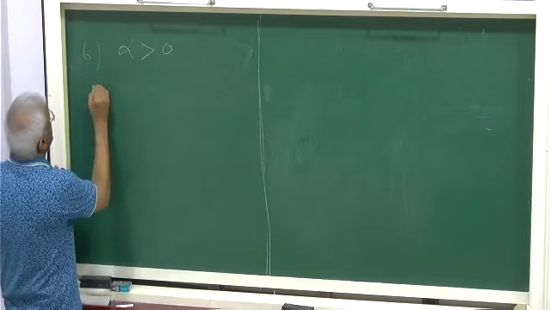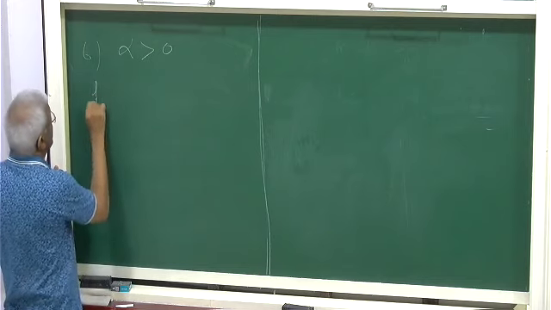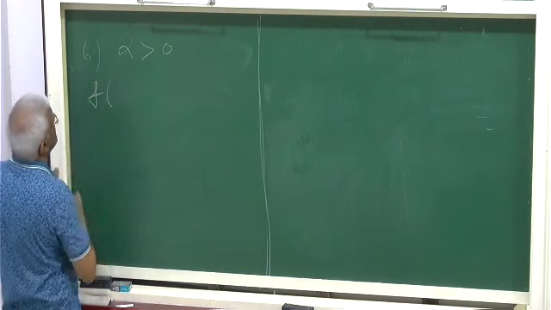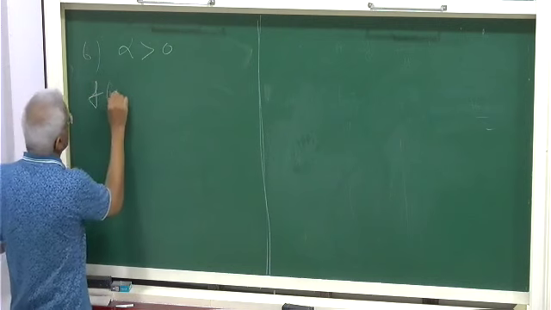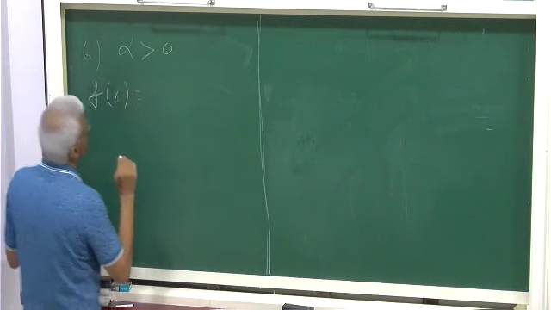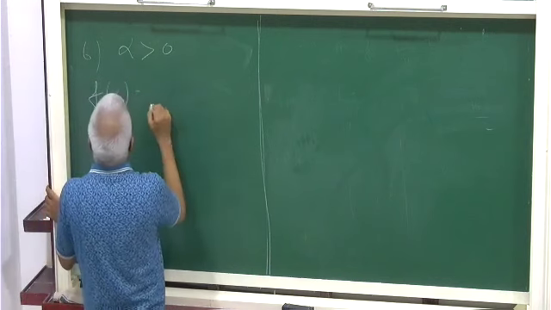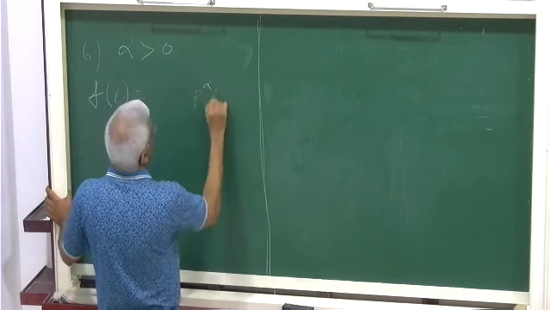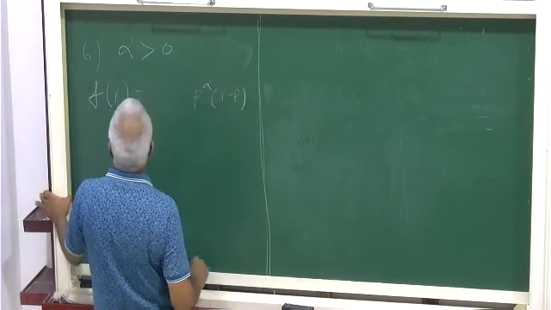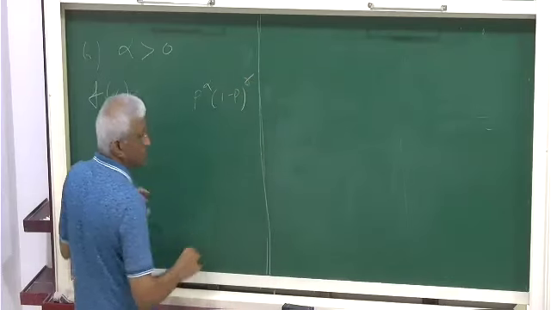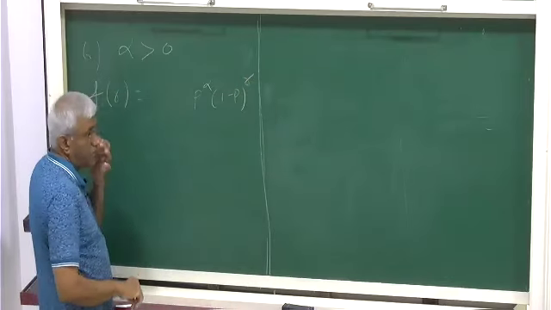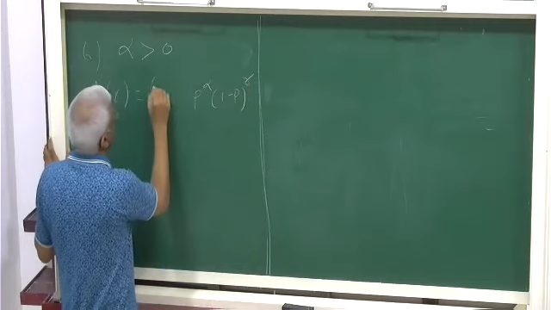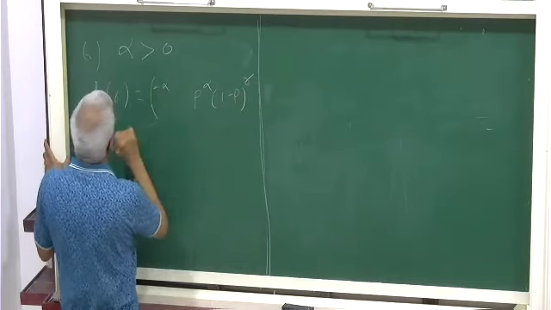And you define f of r. Let me write it, and then it is like p power alpha times 1 minus p power r, and here comes something, minus alpha.